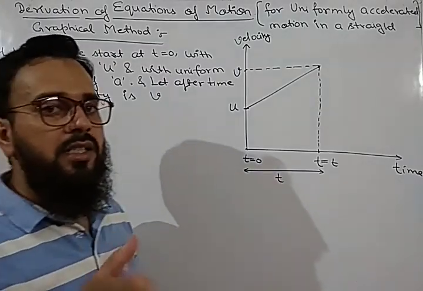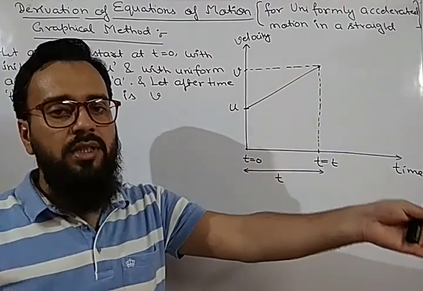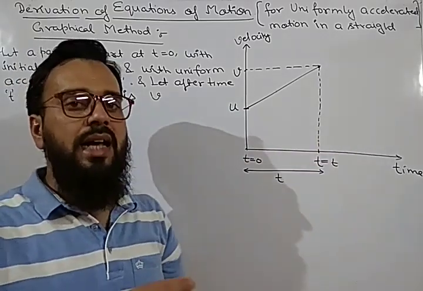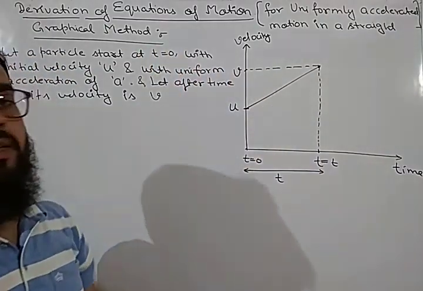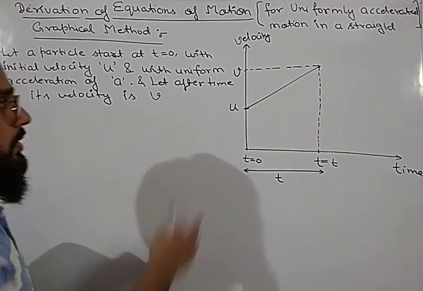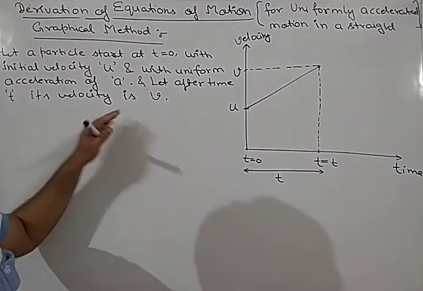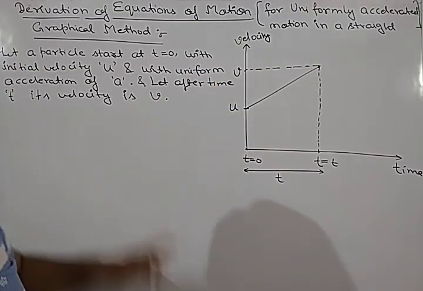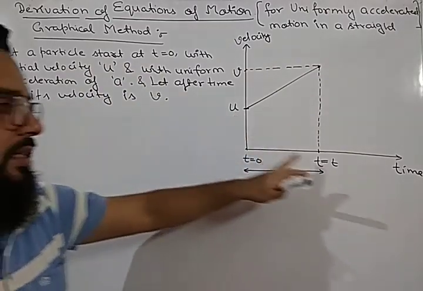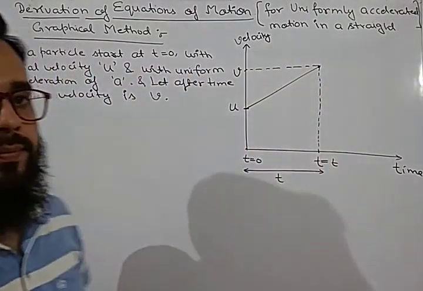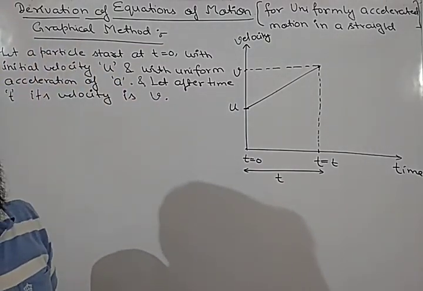The velocity at t is equal to 0 is called initial velocity, and the velocity after the time interval completes, that is after time t, is the final velocity v. All these things we have to write during the derivation. The particle starts at t is equal to 0 with initial velocity u, and after time t its velocity is v, and the acceleration is uniform, equal to a.